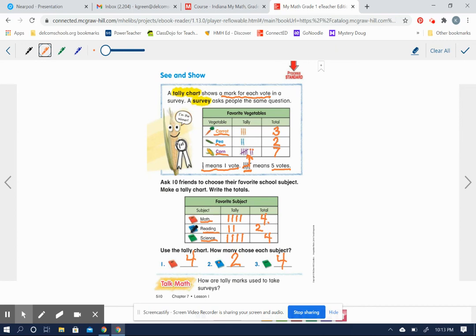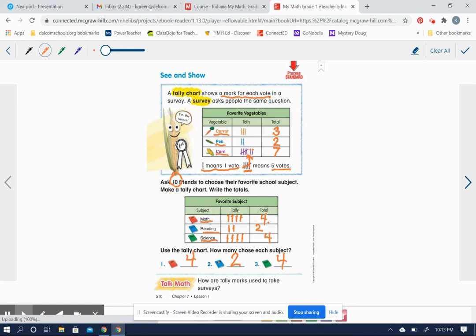Okay, and so when it said that I was supposed to ask 10 people, I should have 10 tally marks. Let's count them. 1, 2, 3, 4, 5, 6, 7, 8, 9, 10. Yes, because each one of those tally marks represents a vote.